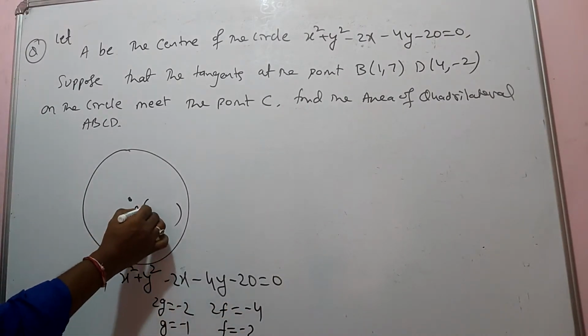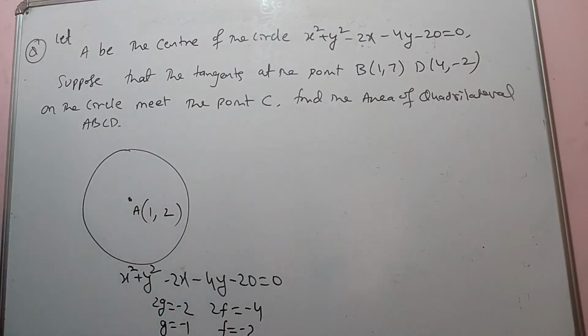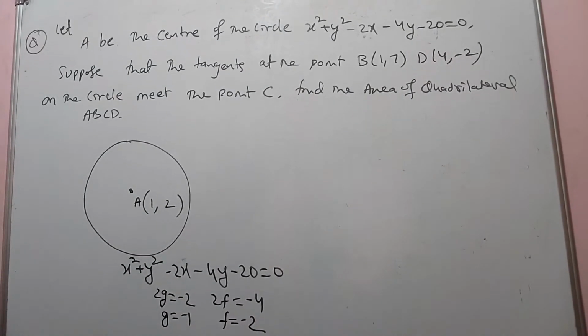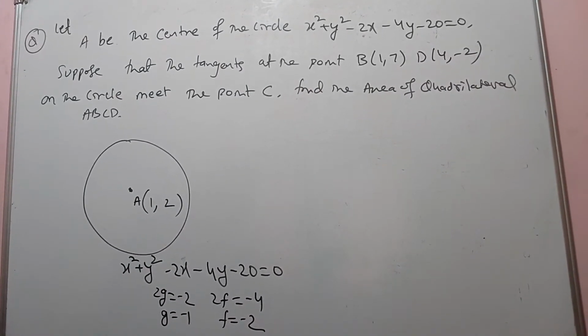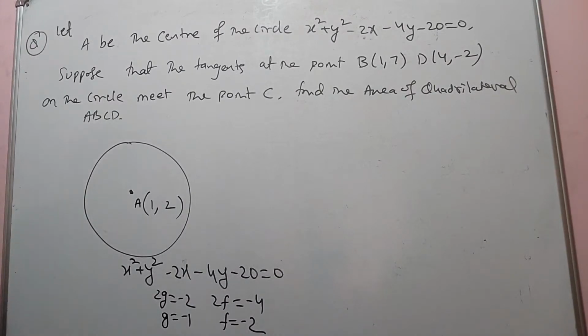So center will be minus g comma minus f, so 1 comma 2. Are you able to see the board? So g you got, f you got. So the center is 1 comma 2.